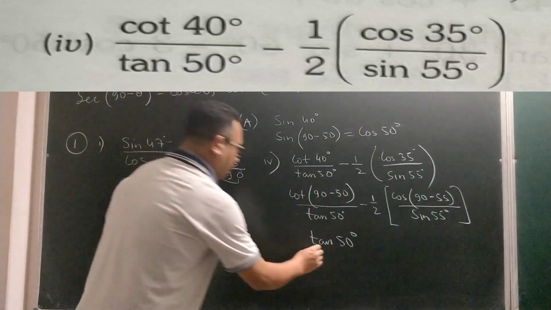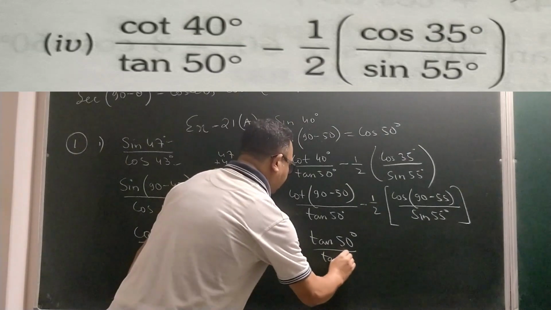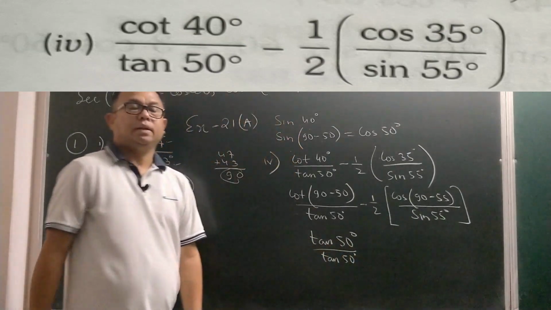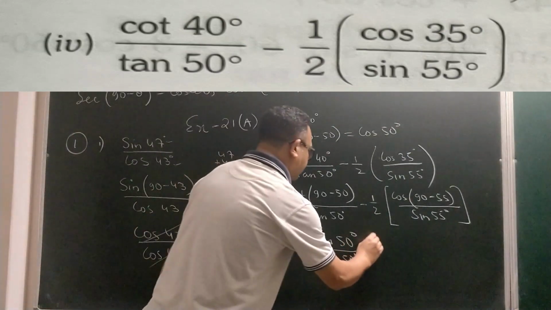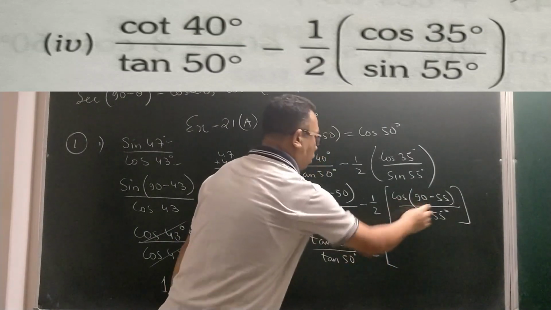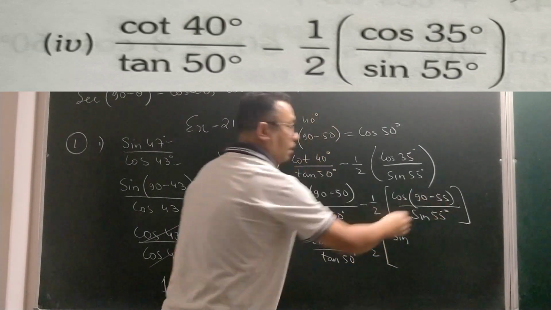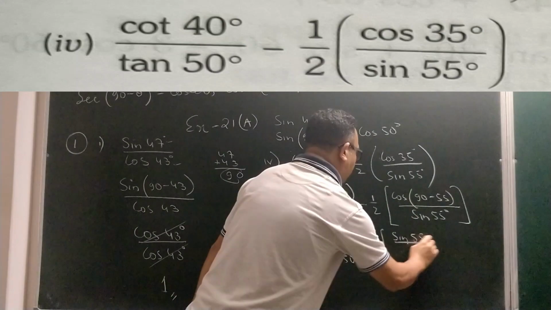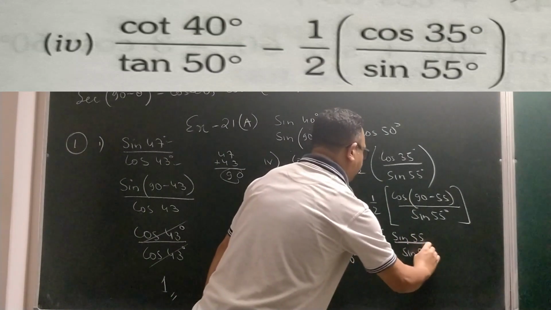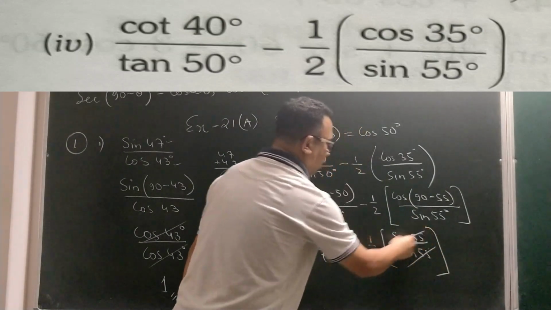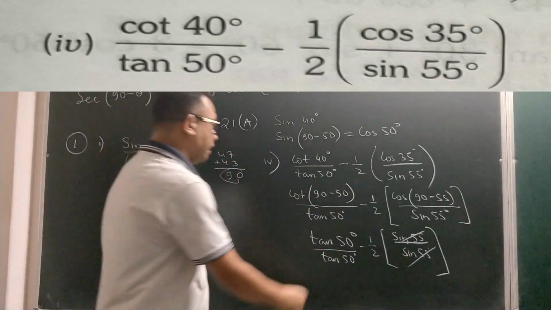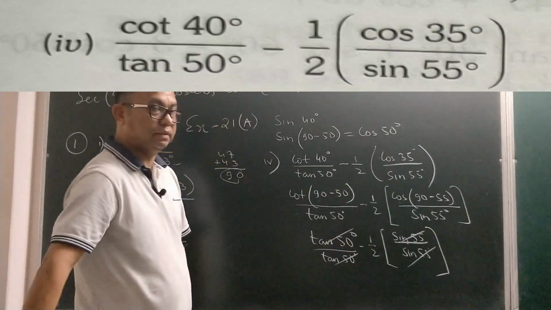And then on the lower side, it is tan 50. Then this is minus half. Then inside, cos changes to sine. Cos 90 minus 55 becomes sine 55 over sine 55. So upper side and lower side, sine 55 and sine 55 cancel, and tan 50 and tan 50 cancel.